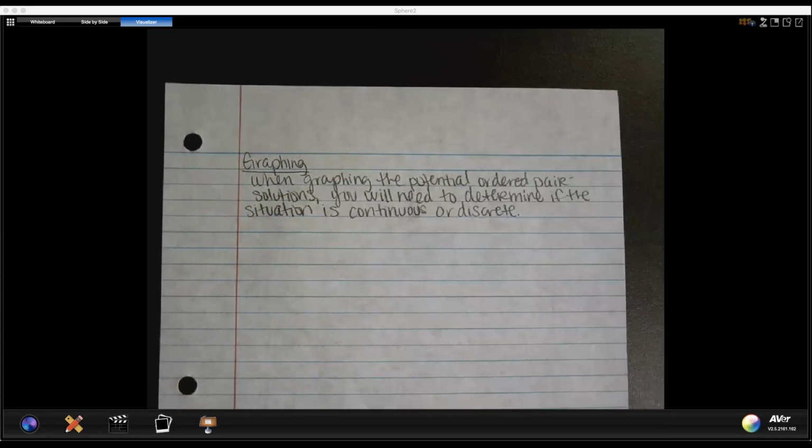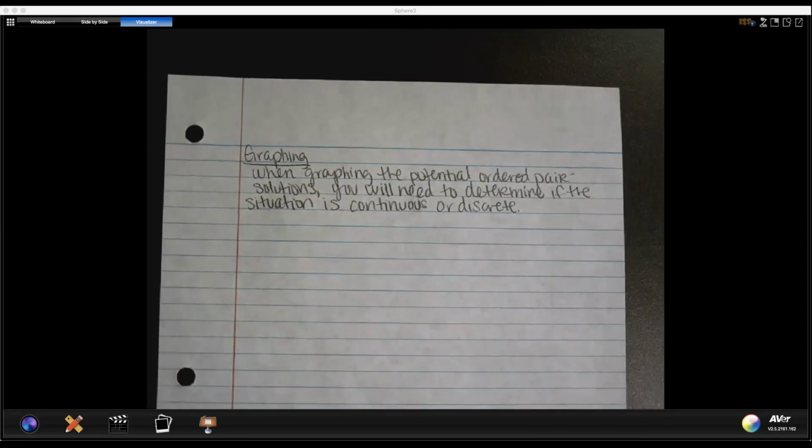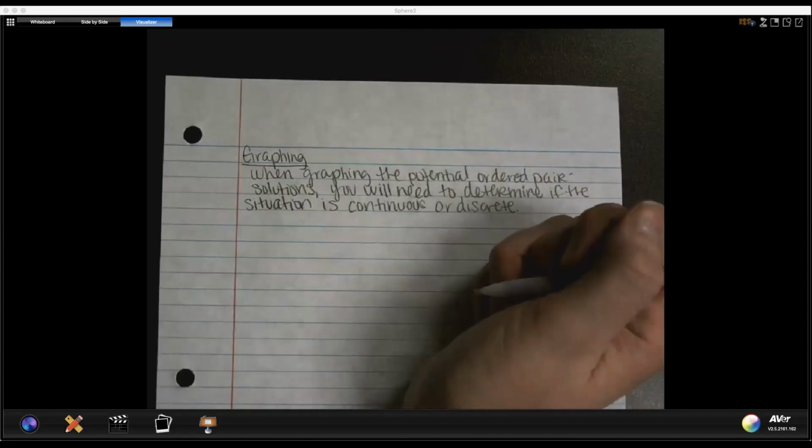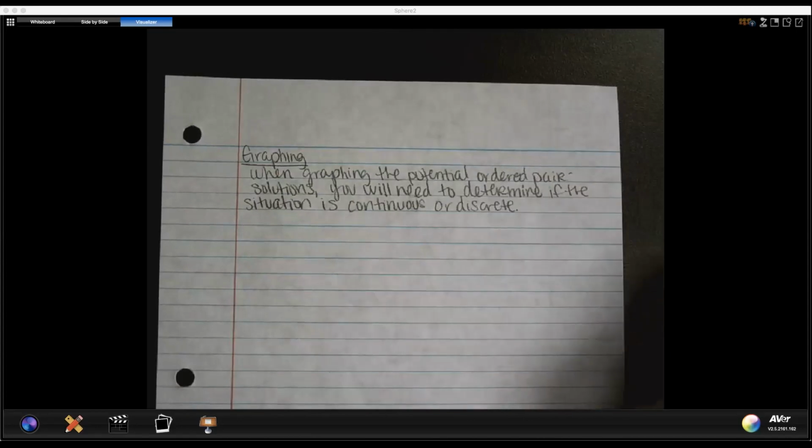So when you're graphing those ordered pairs, you're going to have to determine if what you're looking at is continuous or discrete. And we're going to talk about the two different situations and what we would see.